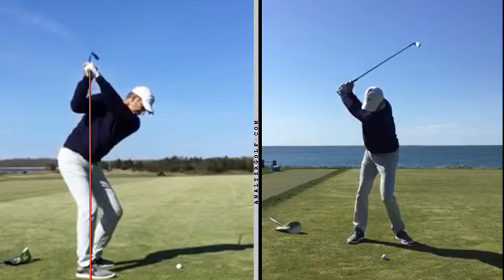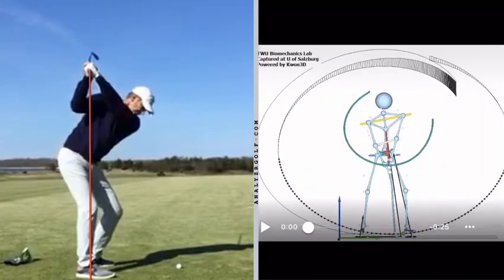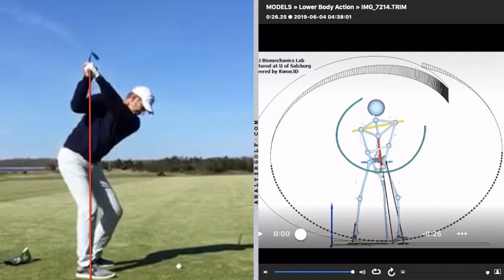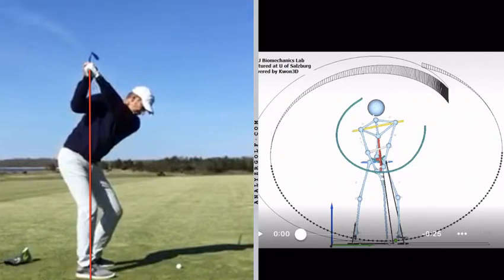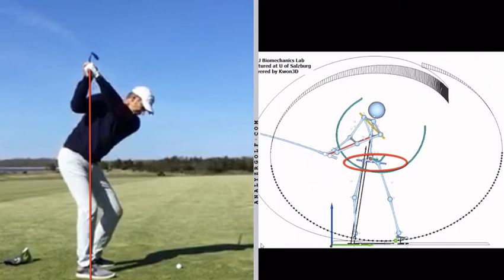So if we take a look really quick at some model behaviors with the pelvis, we're going to see how the trail leg extending is going to basically influence the tilt of the pelvis. And you can see by this diagram here on the right, this is basically 3D, and if we focus on this blue line here, that is showing you a good indication of how this golfer's pelvis is tilting throughout the course of the backswing.